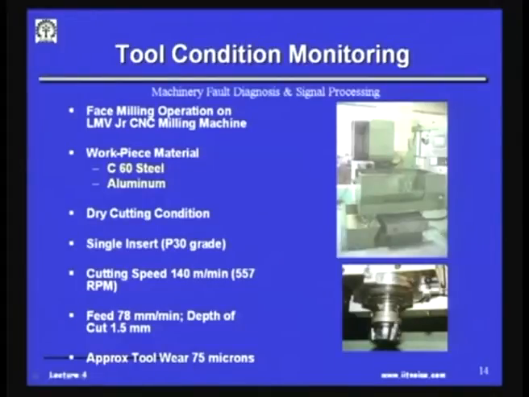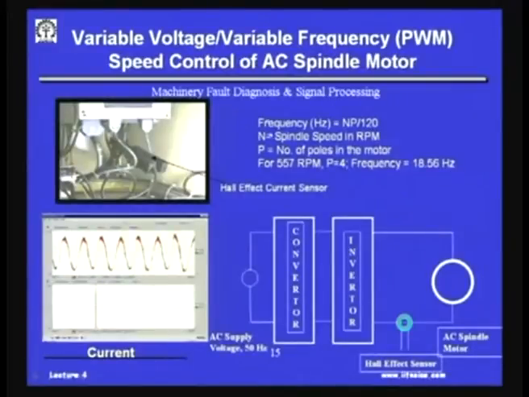In such a condition, this milling machine was instrumented with a cutting tool force dynamometer, an acoustic emission sensor, a vibration sensor, a microphone, etc. And also the driving current being supplied to the spindle motor was monitored.